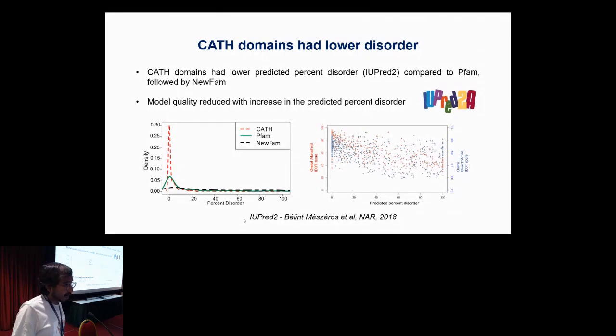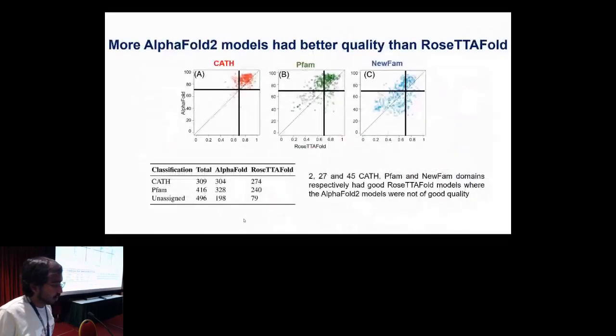We then compared the AlphaFold models with the RoseTTAFold models. Over here are the plots, where along the x-axis is the RoseTTAFold model quality score, and the y-axis is the AlphaFold model quality score. A larger number of the AlphaFold2 models were better modeled as compared to RoseTTAFold, and we see that a larger number of CATH domains were better modeled.